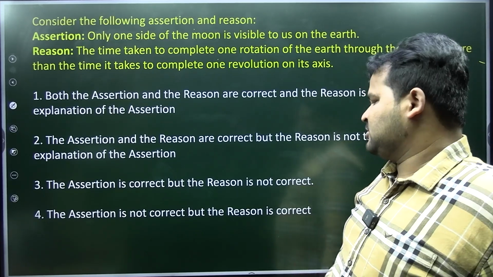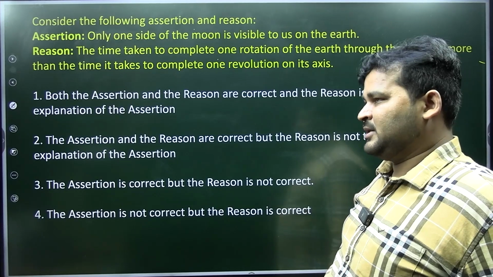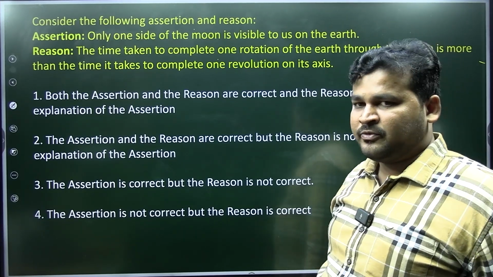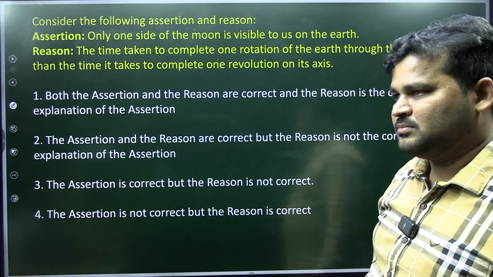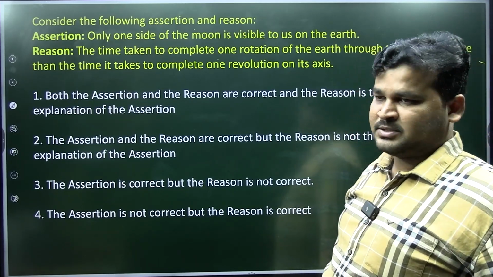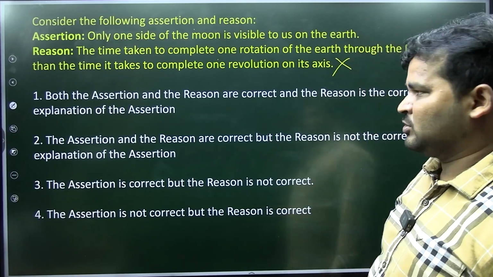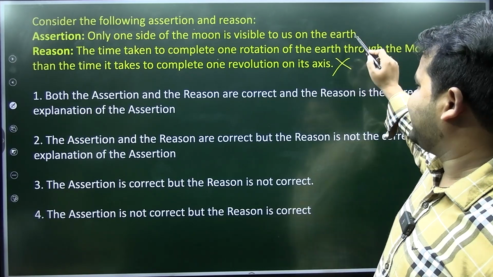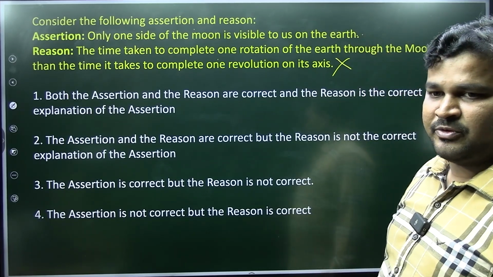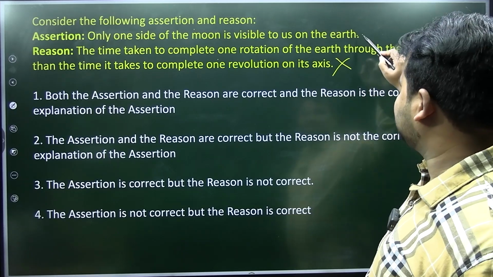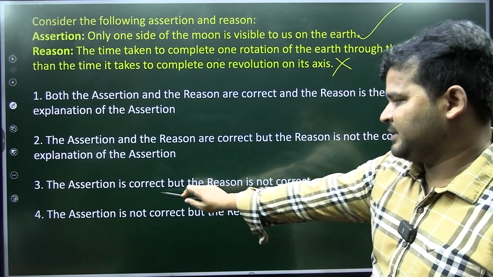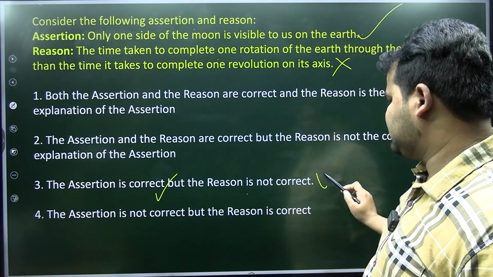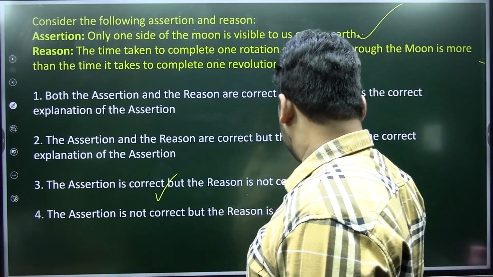He is saying that the time periods of Earth and Moon are not the same, but they are the same. So the reason goes out. Left with only the assertion. So the assertion is true, but the reason is false. This is the one.